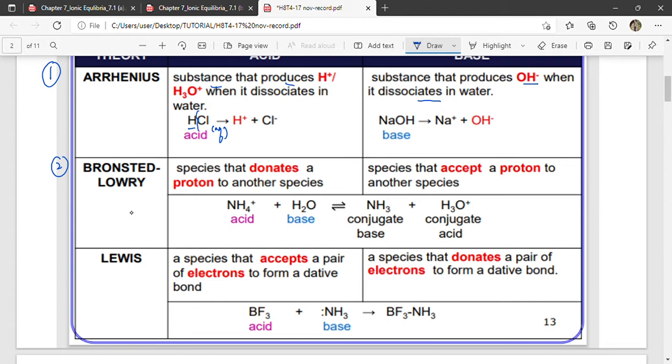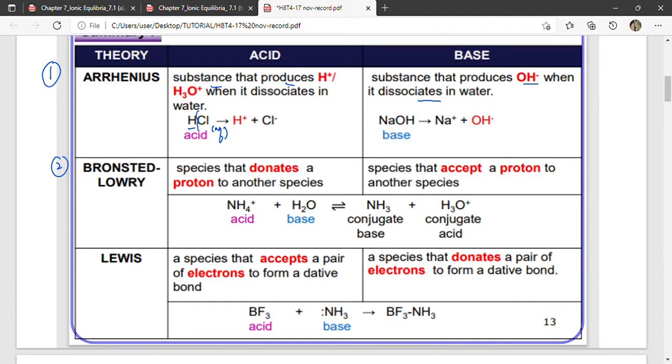Acid is the species that donates a proton, in this case H plus, to another species. Meanwhile, base for the Bronsted-Lowry is the species that accepts a proton from another species.